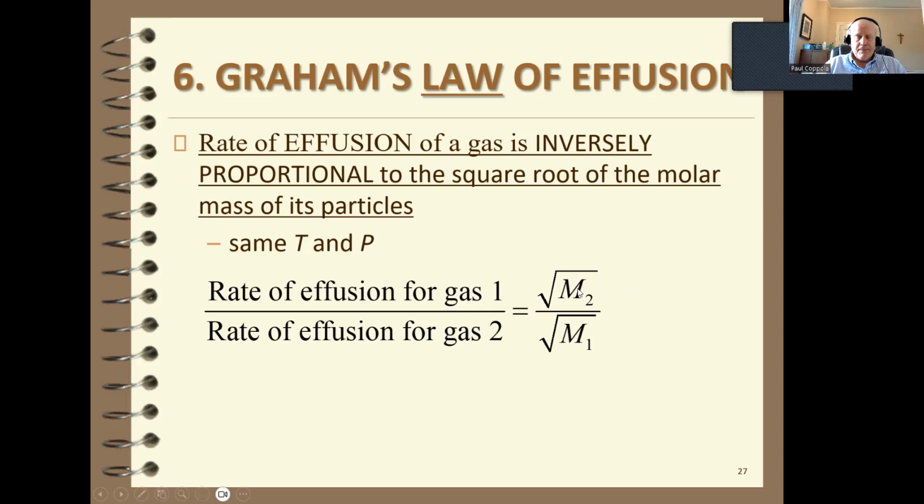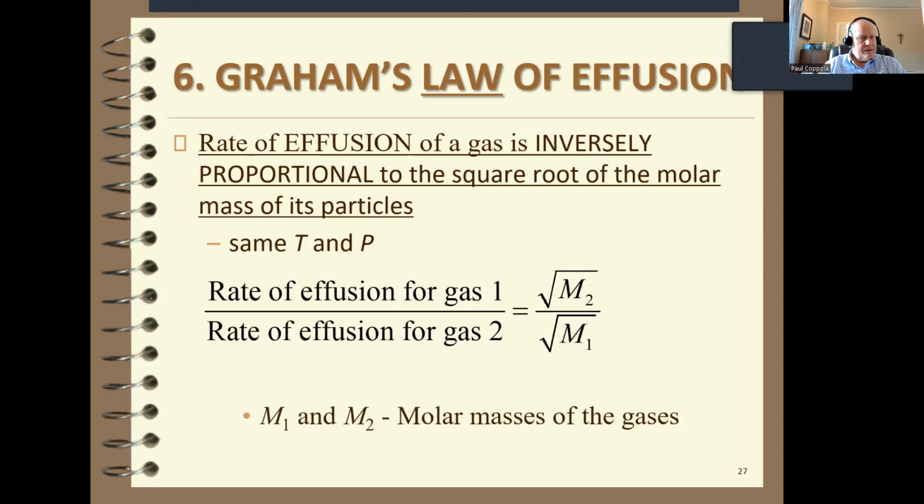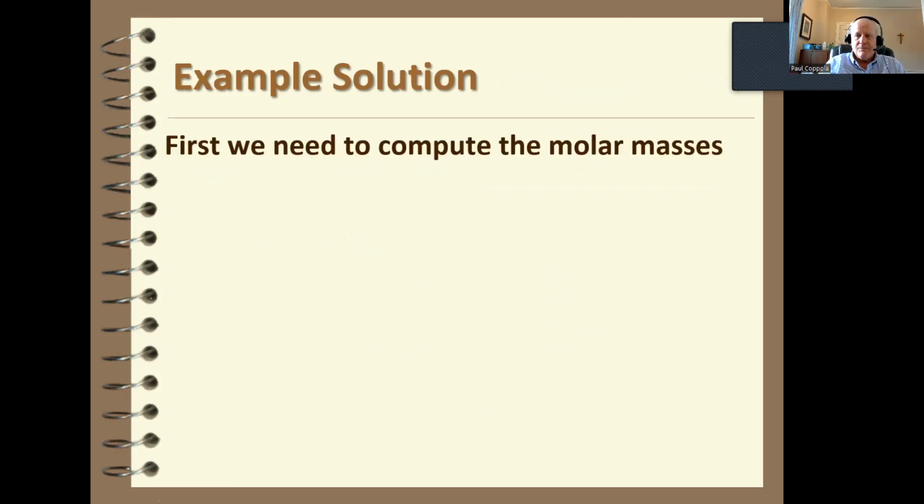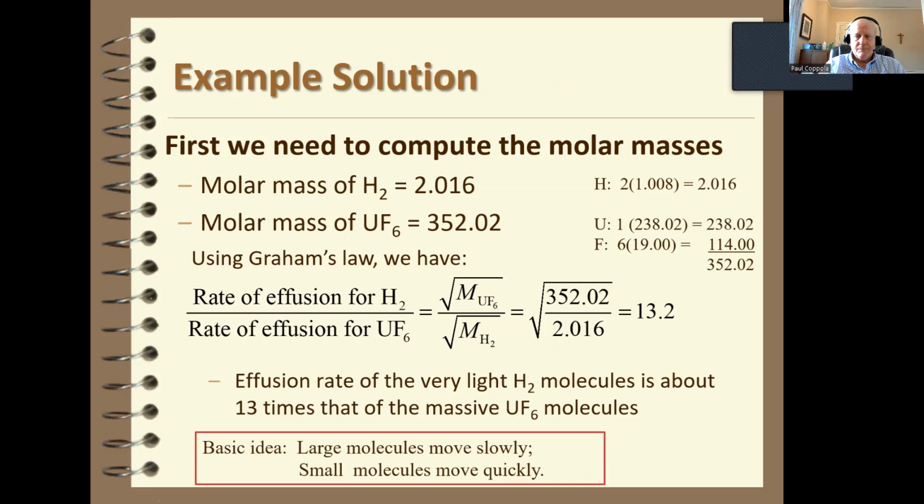So you get the molar mass of the heavier one and take the square root of it, divided by the square root of the molar mass of the lighter gas. That'll tell you how much faster the lighter gas moves than the heavier gas. It's really not hard, just think about it a little. It should make sense. And in slide 29, I'll give you an example, so you should look that over and make sure you understand it.